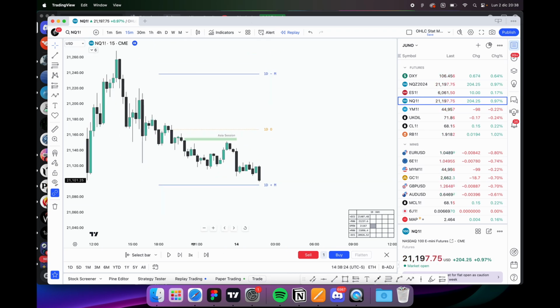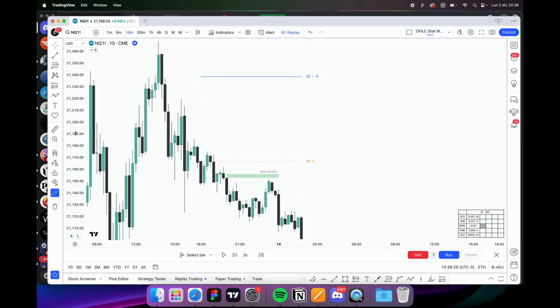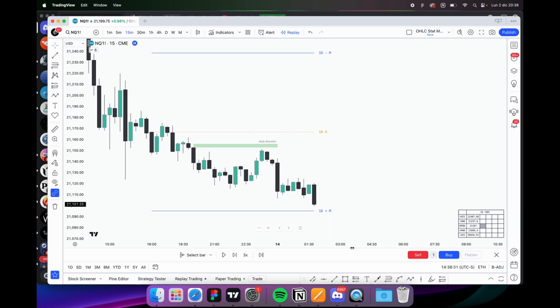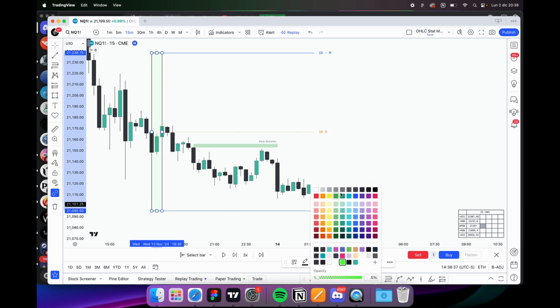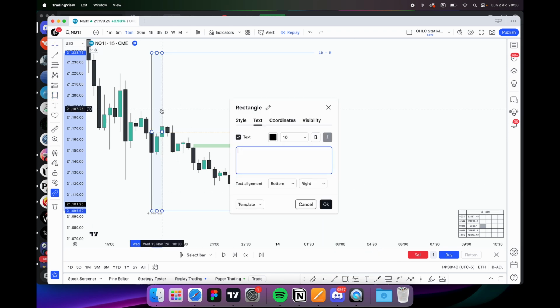So that's going to be our manipulation range. That's the main range.